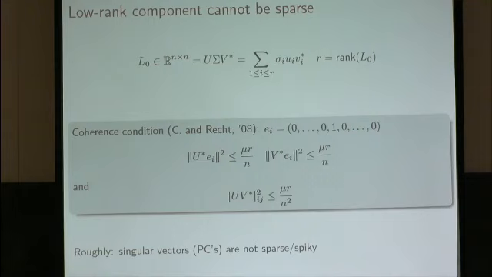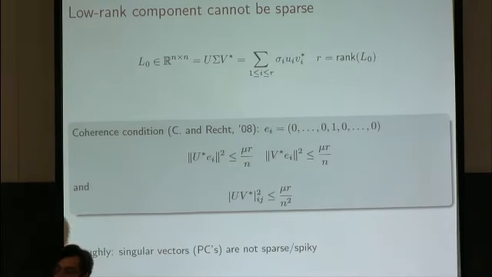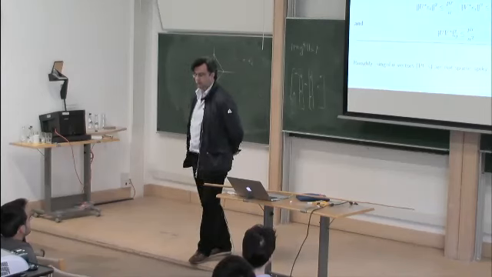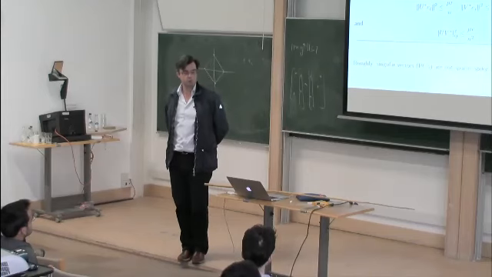So mu is the smallest number I can find such that for all basis vectors e_i, their projection onto the column space is bounded by mu times the dimension of the subspace I'm projecting onto, and the same thing for the row space.